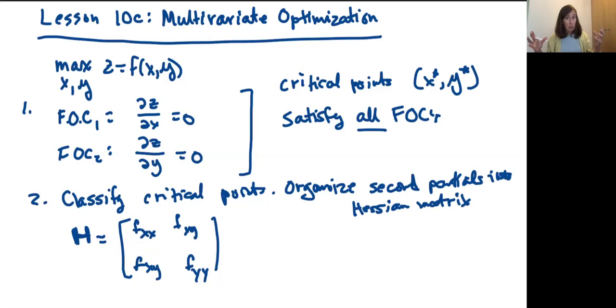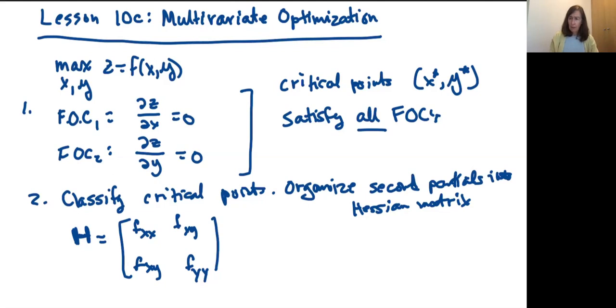So in bigger problems with more choice variables, the Hessian would have the same basic shape. You'd have the direct second partials on the diagonal and the cross partials in the other places. So the Hessian matrix is always going to be symmetric with direct second partials along the diagonal. We're just going to do a 2-variable example here in Math Camp. The generalization is pretty straightforward.